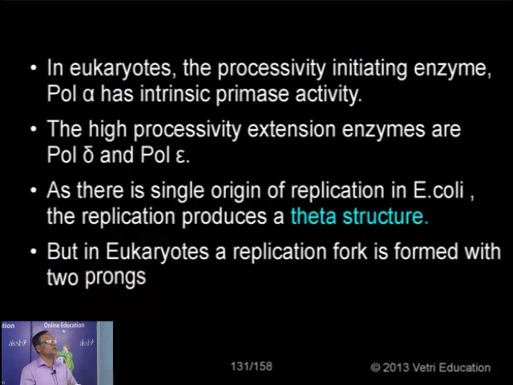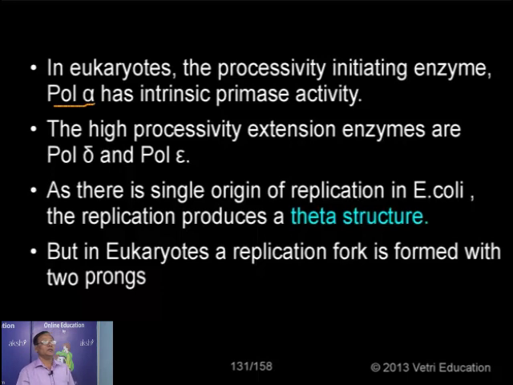Now in the case of eukaryotes, the processivity initiating enzyme, the one which initiates the process, is polymerase alpha, and it has intrinsic primase activity. So it also acts as a primase for initiating the synthesis of DNA.